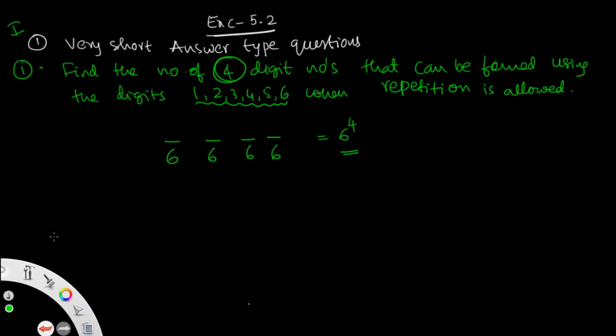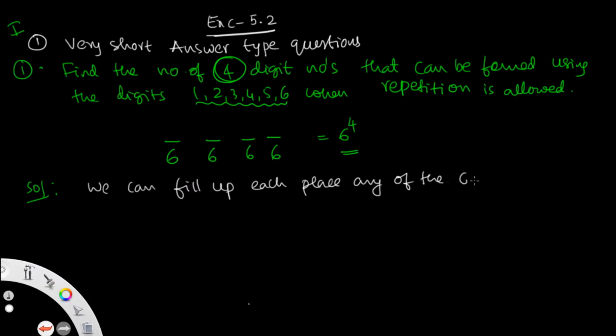But how we write the explanation in the examination is the most important. Write the formula, or else write it this way: we can fill each place with any of the 6 digits.